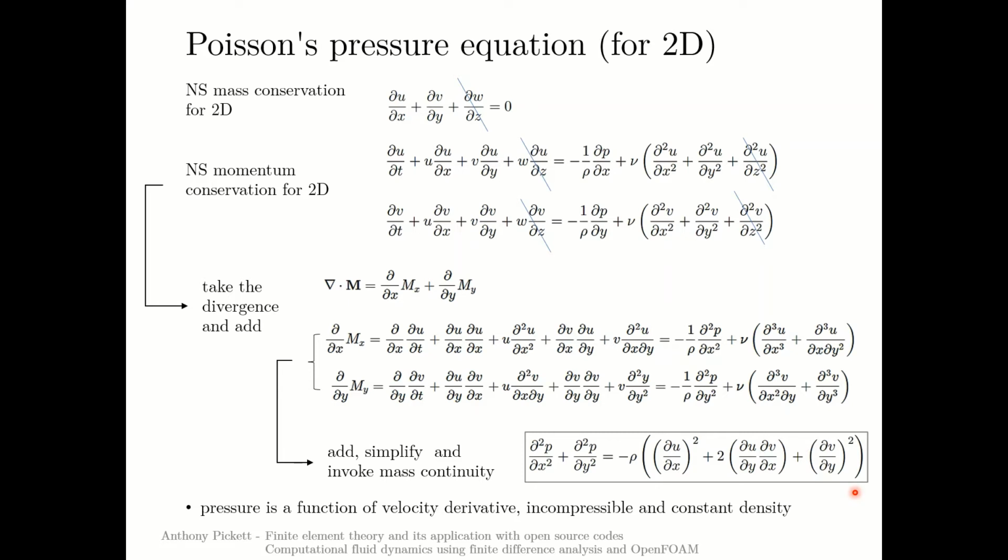In other words, if we use this equation and these equations, we're able to determine the variables pressure and the velocities. This new equation, this Poisson's pressure equation, is used as a part of the solution.